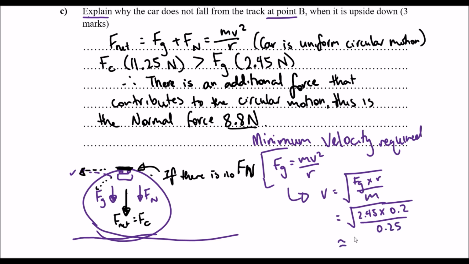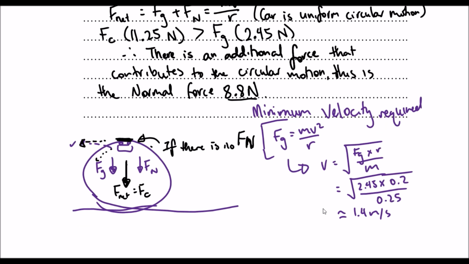So approximately speaking, I'll just put that in my calculator. We need to travel at a speed of 1.4. So by that means, therefore, the speed of our car, which is 3 meters per second, is also bigger than the minimum velocity, which is 1.4 meters per second, in order to maintain contact at the very top here.